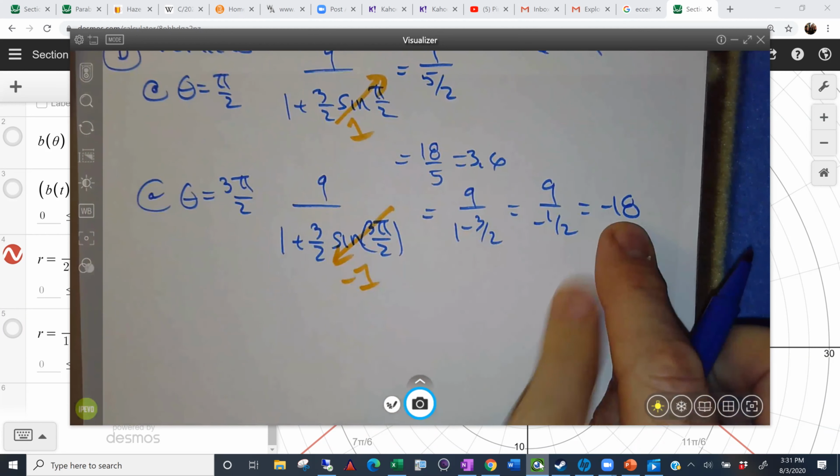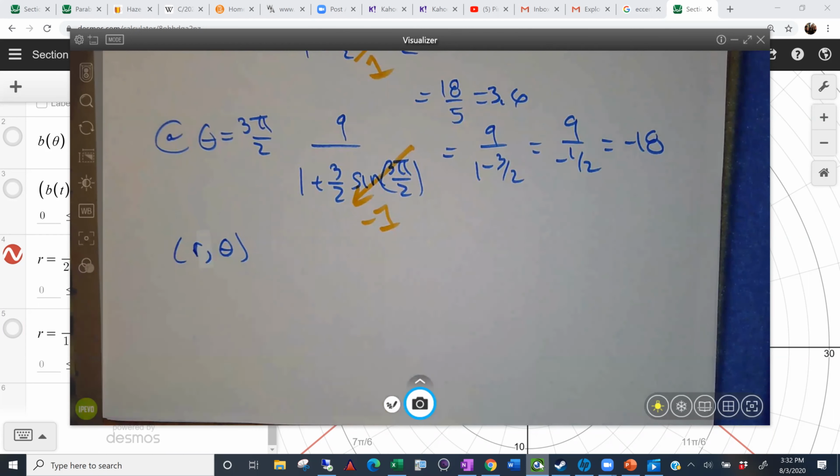Let me remind you about plotting something like this. When you plot r and theta, if you have a negative radius, it's really like adding 180 degrees, or pi, to your angle.